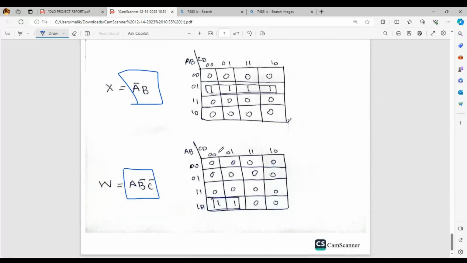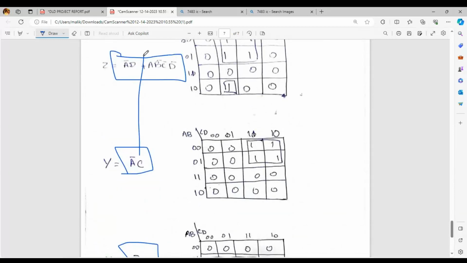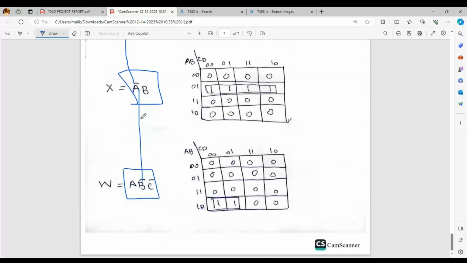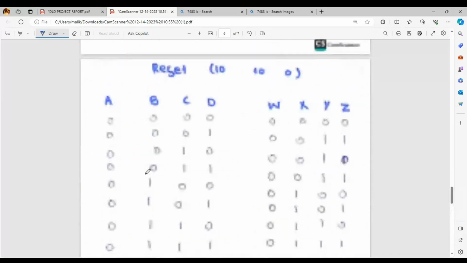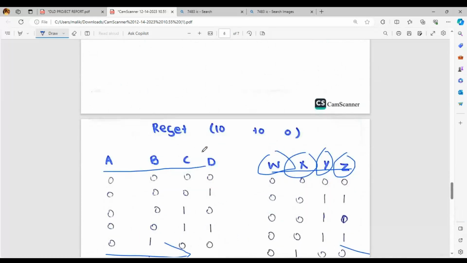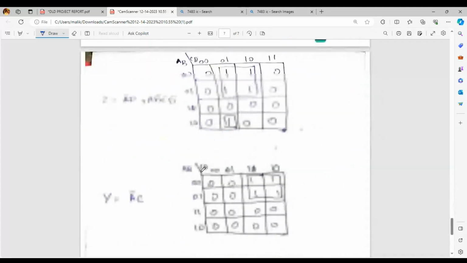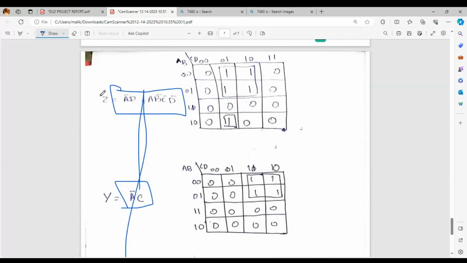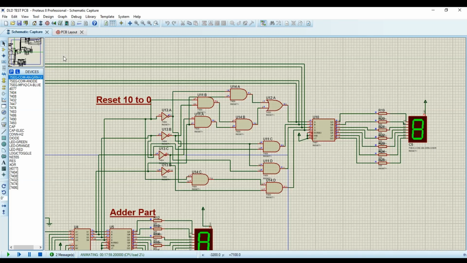Using these logics, these were the four inputs: A, B, C, and D. You can see all of the four functions consist only of literals from the input side, these ones. And our outputs are the outputs after the function implementation of w, x, y, and z. This is the combinational circuit made here.